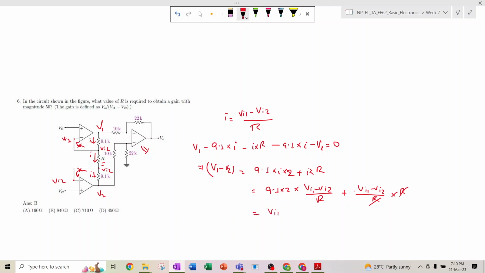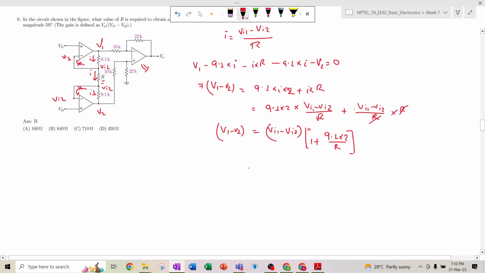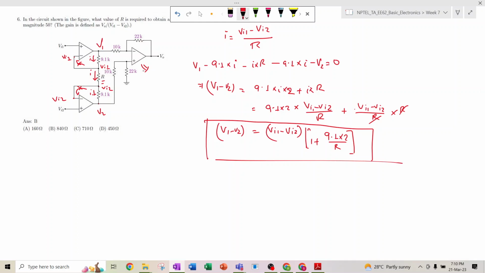So if we take Vi1 minus Vi2 common, then we will get 1 plus 9.1 into 2 divided by R. So this is the differential input voltage that is applied to the difference amplifier. Difference amplifier means this amplifier.